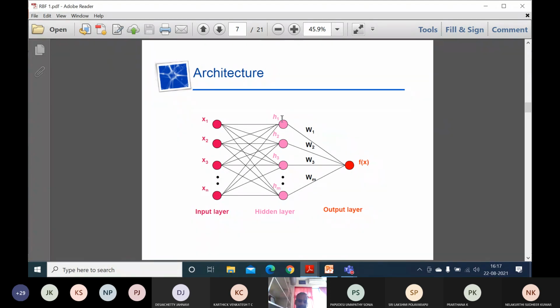In these hidden nodes, RBF units or RBF functions will be given, and choosing an RBF function depends on the type of application I am dealing with. W1, W2, W3, W4 and Wm are the associated weight values for this RBF, which is f of x.